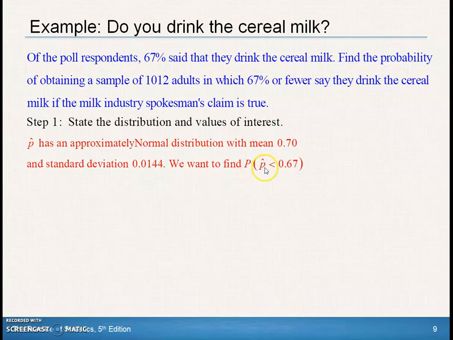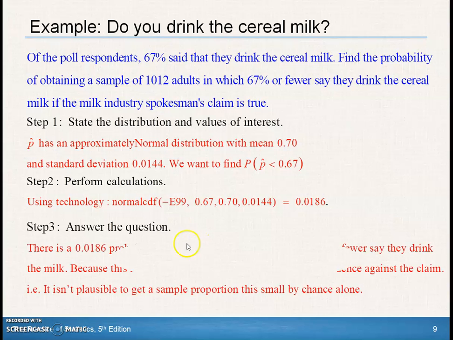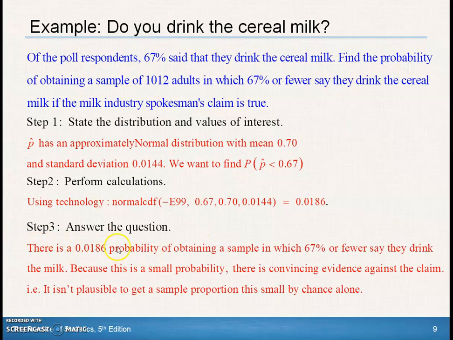Can we find whether p cap is less than 0.67? We use our technology, the normal CDF, from negative infinity up to 0.67, with the mean of 0.7 and the standard deviation 0.0144, which is 0.0186. So there's a 0.0186 probability of obtaining a sample in which 67% or fewer say they drink milk.